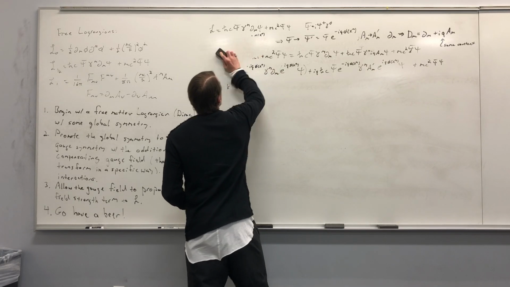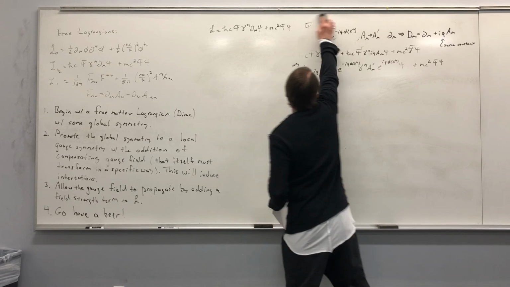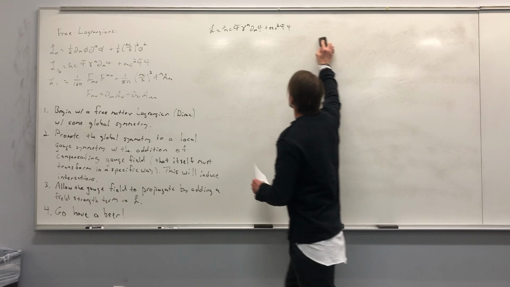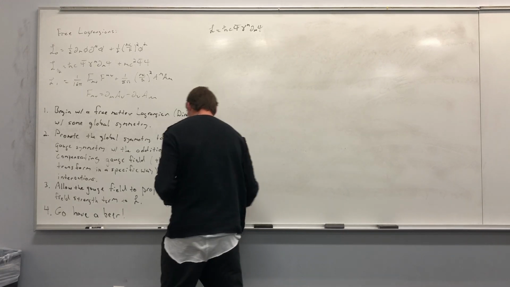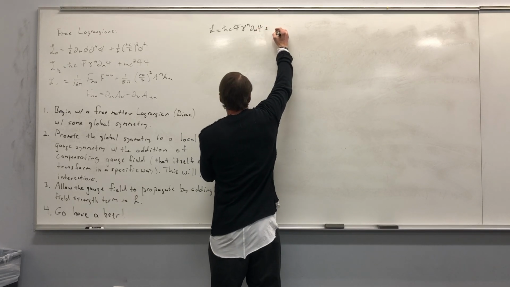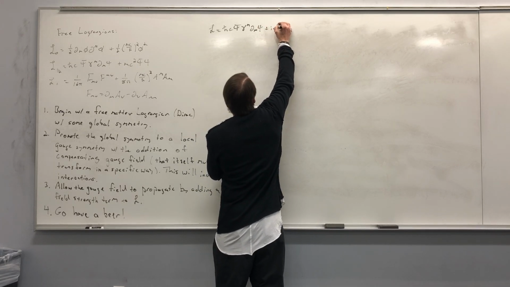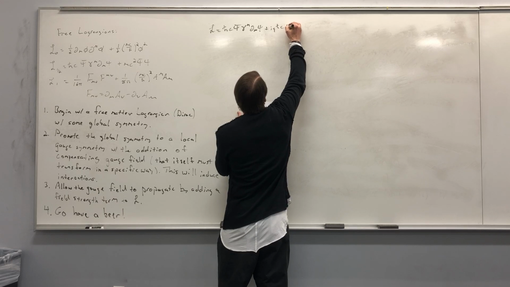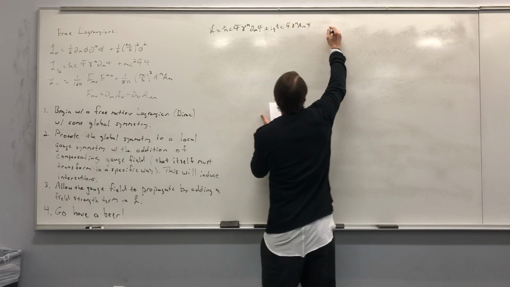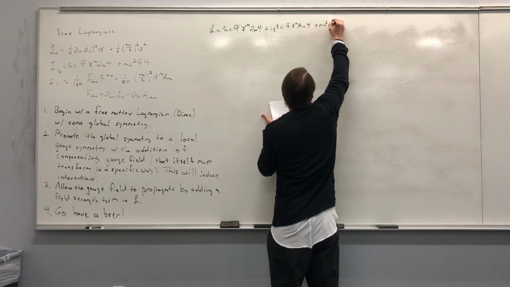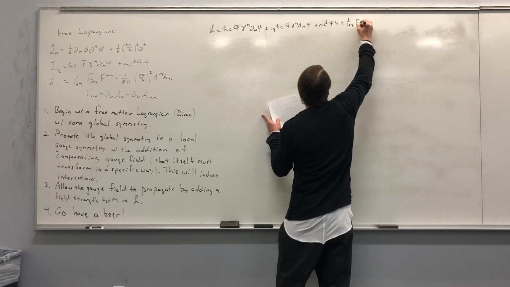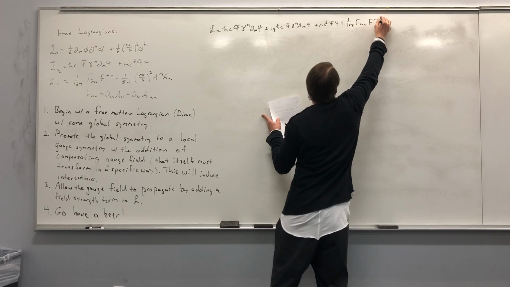Let me say a few things. The Lagrangian ends up being this, plus i q h bar c psi bar gamma mu A mu psi, plus m c squared psi bar psi, plus 1 over 16 pi F mu nu F mu nu.